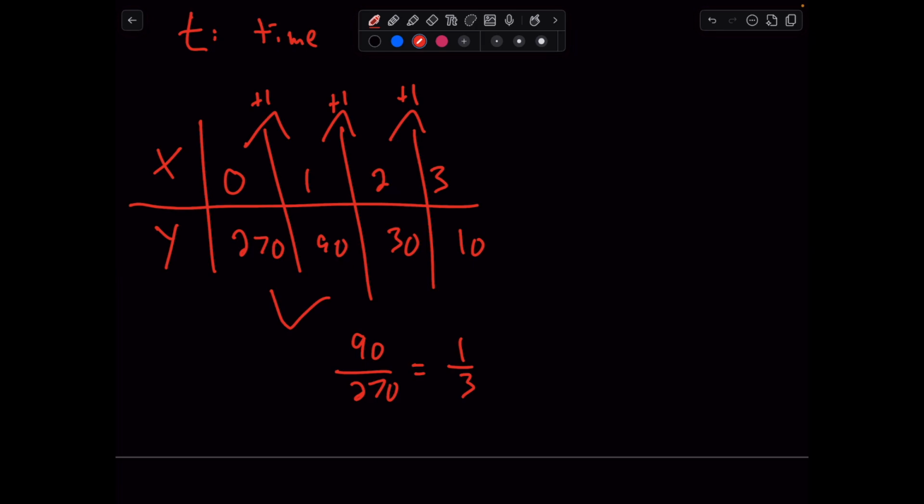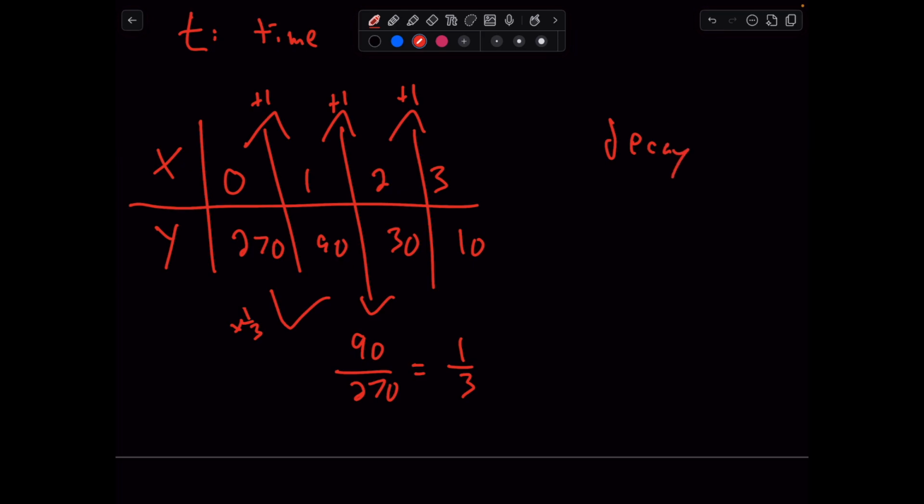I don't want to do 270 over 90 because that's saying 270 divided by 3 is 90. We're not dividing here, we're technically multiplying. So each one of these is being multiplied by 1/3. So that would be decay.